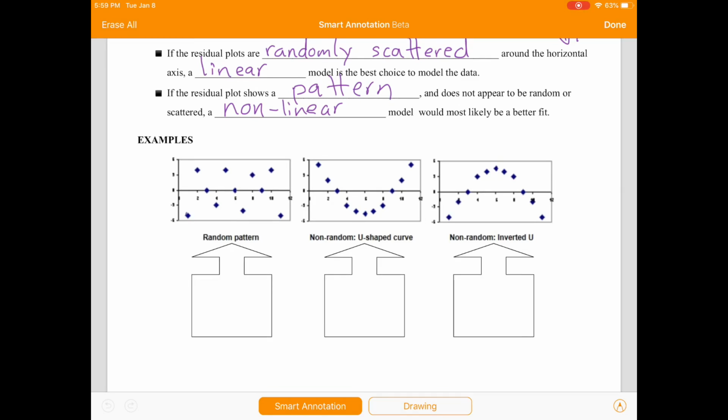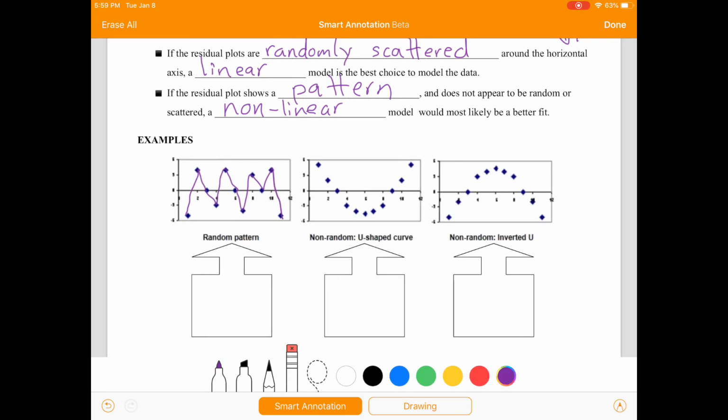Even if we connected the dots, there is no pattern to these random scattered plot residuals. So on our sheet of paper, it already says it for us. There's a random pattern. So the line of best fit would be a linear model for the actual data.